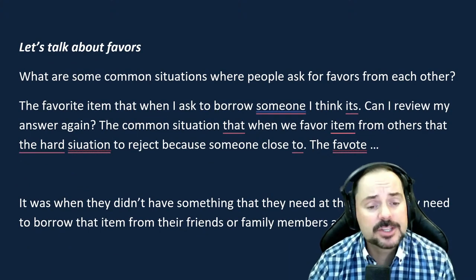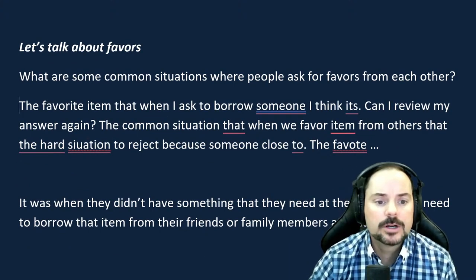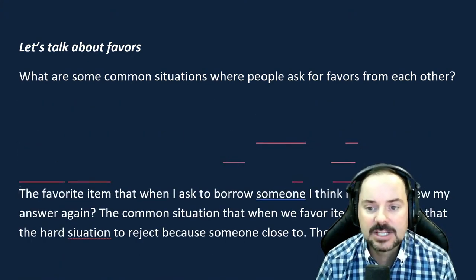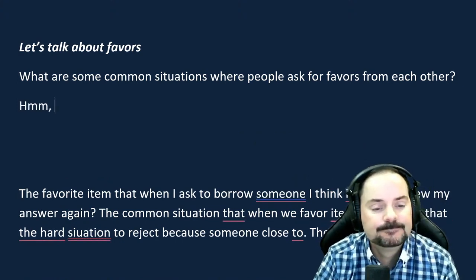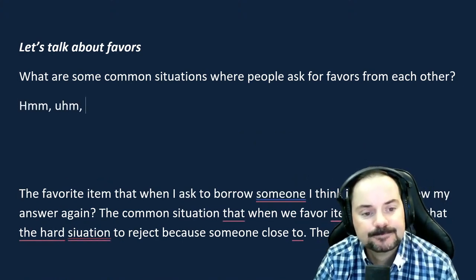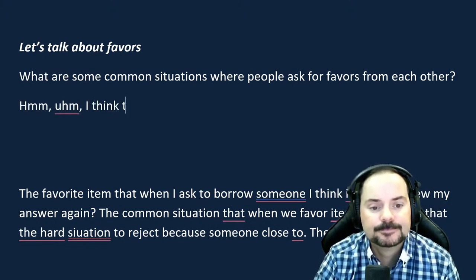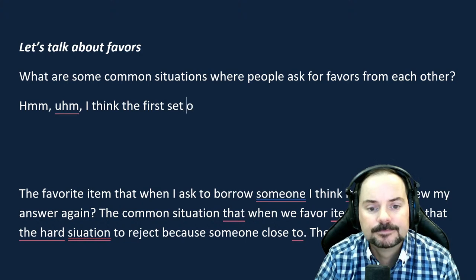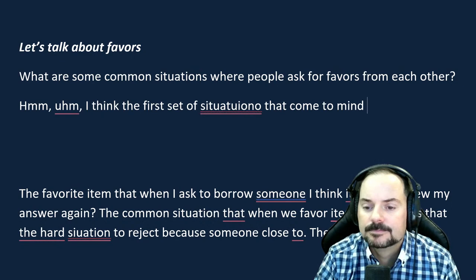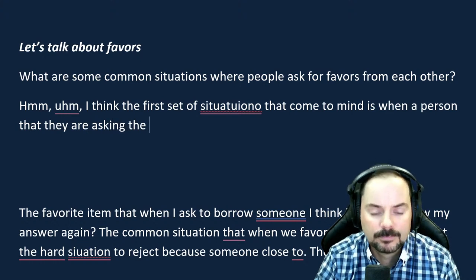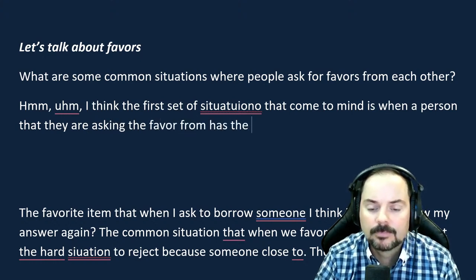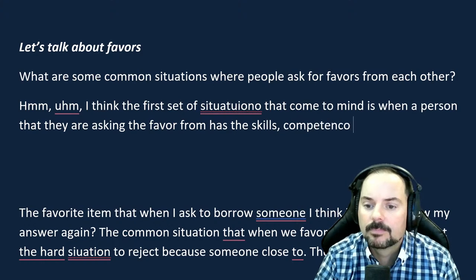All right. So let's talk about favors. What are some common situations where people ask for favors from each other? I think the first set of situations that would come to mind is when the person they're asking the favor from has the requisite skill, has the competence, or has the financial ability to fulfill their requirements.